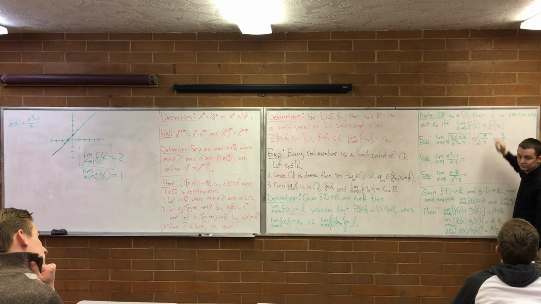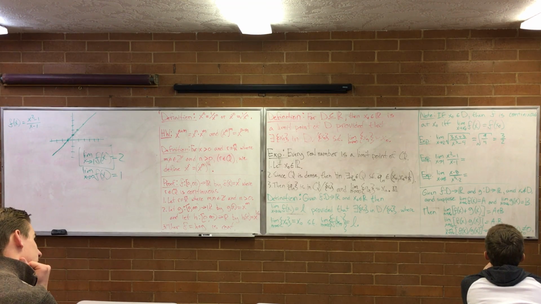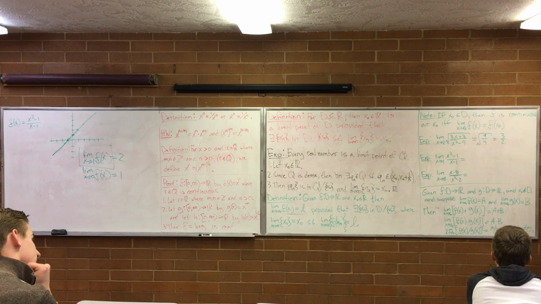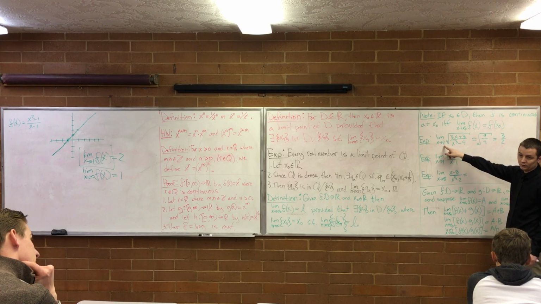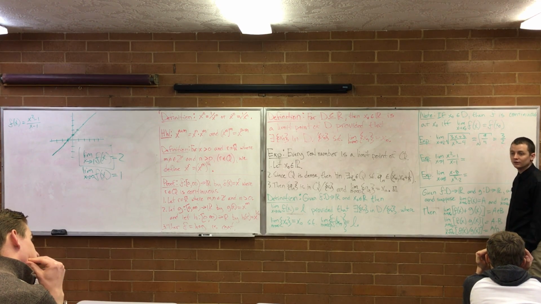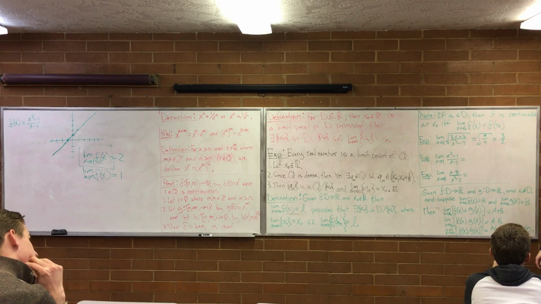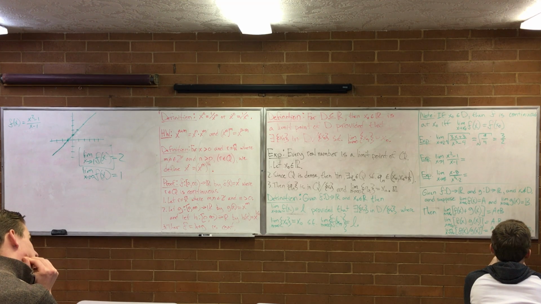We know that this is continuous if 2 is in the domain and if plugging in 2 gives you a number. And the number existing means the limit exists, right?